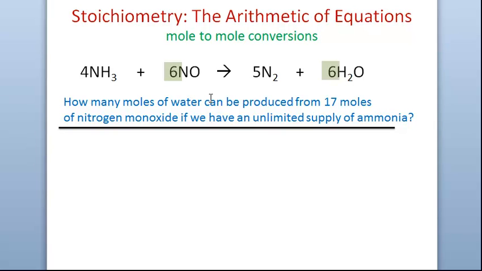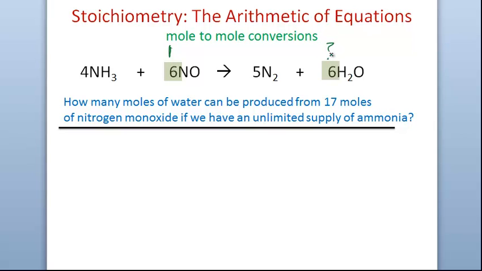And this is one of those questions that if you're thinking carefully about what's going on, I think you will realize that you can just basically put your pencil down, put your calculator back in the drawer, and you know the answer immediately, right? Because if there's a 6 to 6 molar ratio, that's basically a 1-to-1 ratio. So let's say we were solving a different problem and we were being asked, I'm going to give you 1 mole of this nitrogen monoxide.